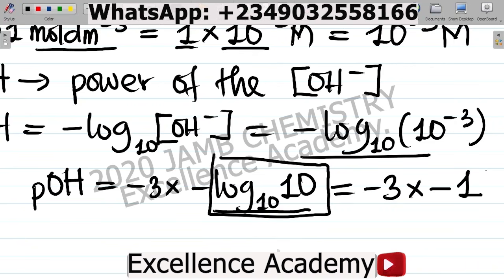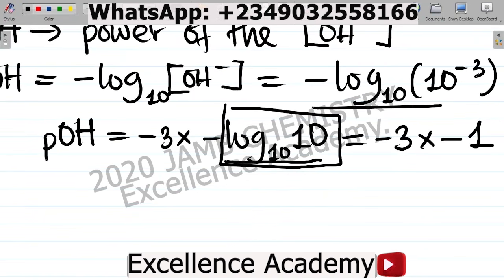So minus 3 times minus 1 gives you plus 3. So the power of the concentration of the hydroxide ion is equal to plus 3.